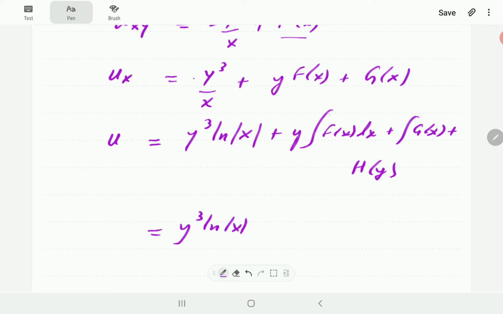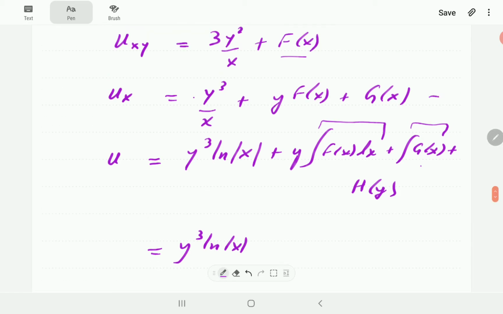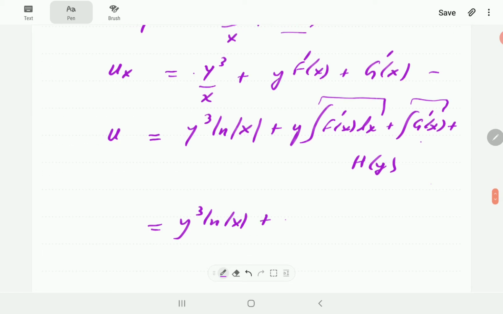We can either define these as new functions of x, or we can simply go to this step here, because we can see that we're going to integrate this and make these derivatives of f, and then this is simply going to be y f of x plus g of x plus h of y, and so that is going to be our general solution.